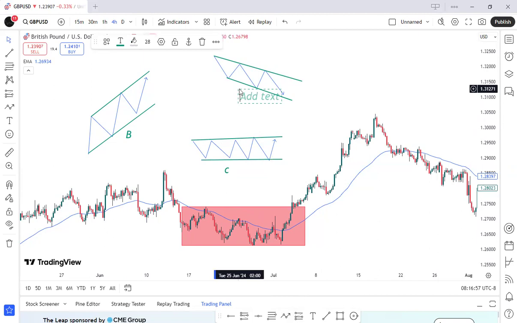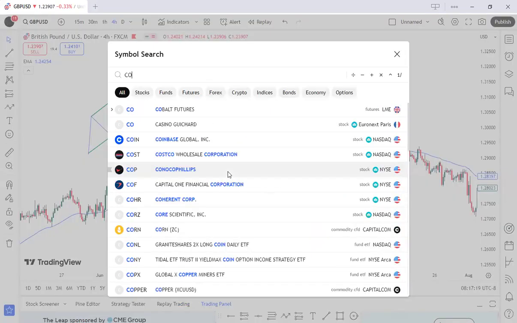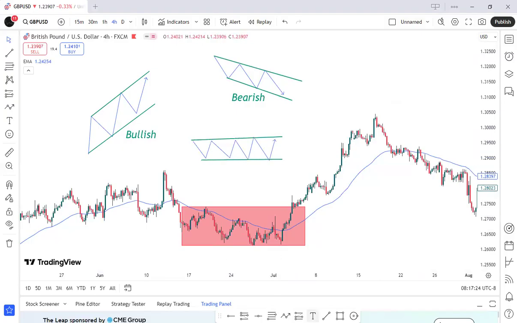This is bearish, and this is bullish, and this is consolidation.